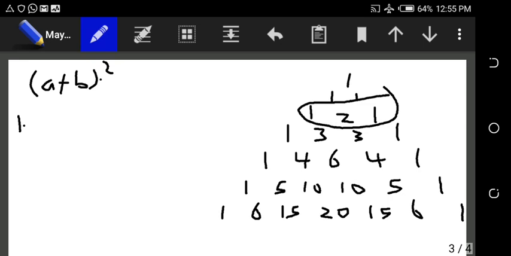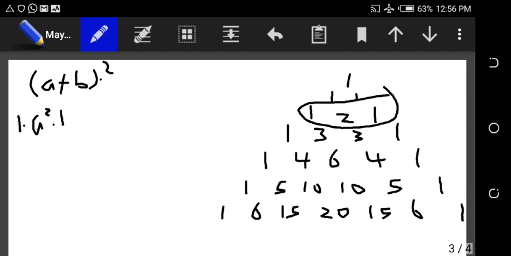So that is 1 times, then what is my first term in the bracket? The first term in the bracket is a, so I'll write a. Remember that your first term will always start decreasing from the given power, which in this case is 2. So I'll have my 1 times a raised to power 2, which is the given power, then times my second term b.